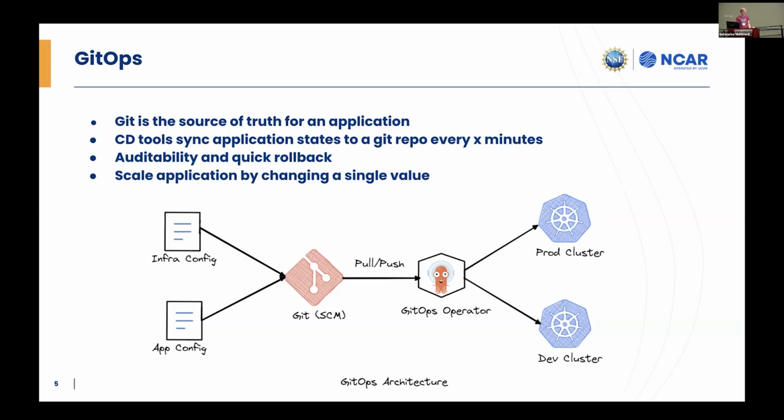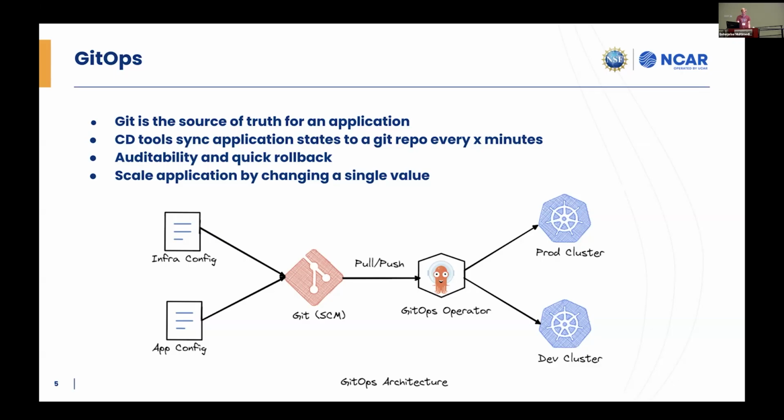We make changes in Git, we commit it, and then our CD continuous delivery tools automatically sync that back into our clusters, every X minutes, however you have it set up. And this can be expanded out to tons of different applications. It really depends on what it is and how it can benefit what you're doing for your research applications.